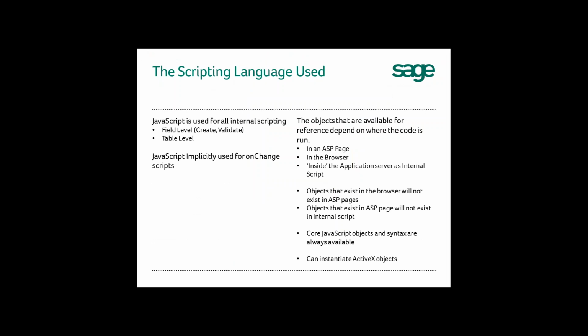Now I've done that. There's two lines that I wrote, so valid equals false and error string equals something else. Doesn't look like a particularly convincing program, but that was written in JavaScript. So JavaScript is used for all of the internal scripting within Sage CRM, whether that's create or validate or table level script.